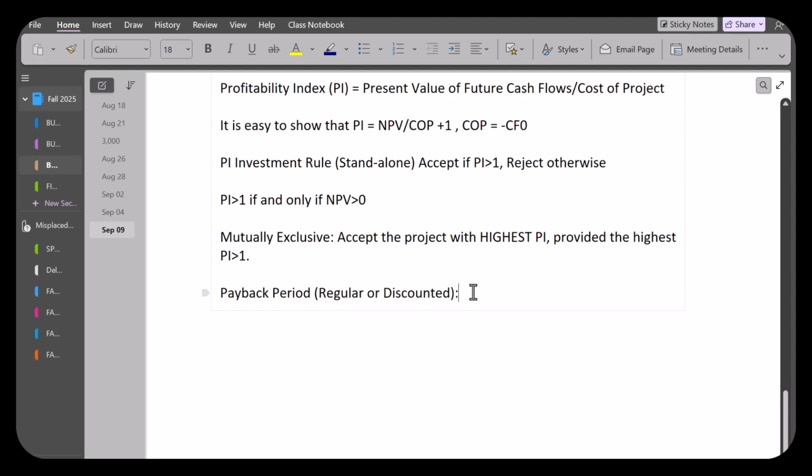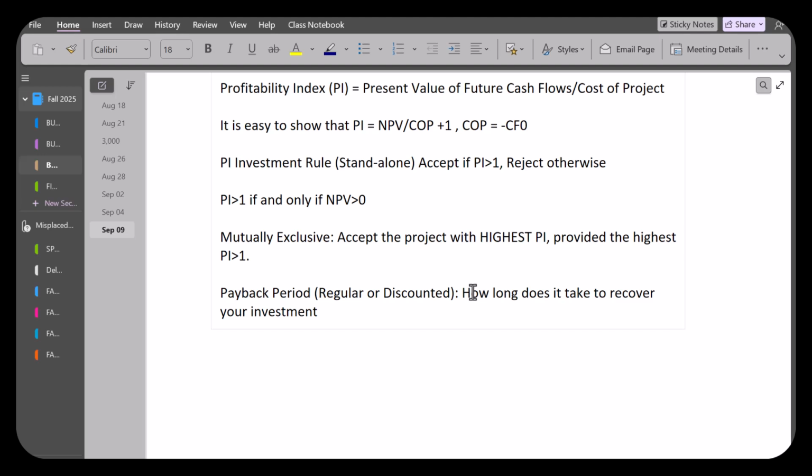It asks the question, how long does it take to recover your investment? If we make this calculation using the original cash flows, that's regular payback period. If we make the calculation using the present values of the future cash flows, that's discounted payback period. You probably should prefer discounted payback anyway.